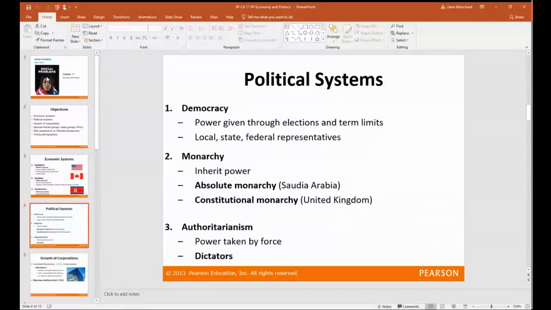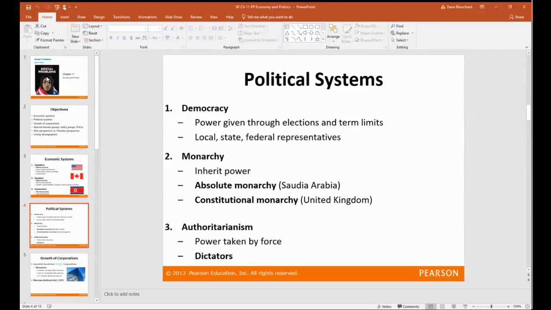More on a local level would be with mayors, state governors, but also we hand over power to the Vice President and the President of the United States. This power is often limited in regards to term limits. These individuals can be voted in and out of office.